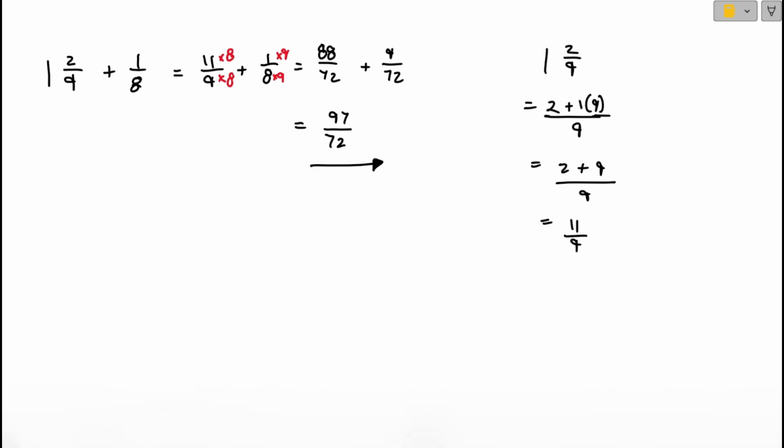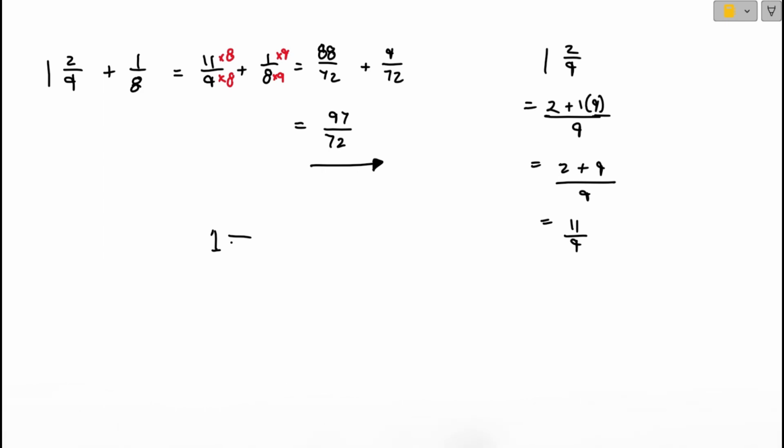So the easiest way to do that is ask yourself, how many times can 72 go into 97? Right? We can clearly see it can only go in once. So I'm going to place a 1 over there as my whole number. So I have 1, and we know that the denominator must remain the same.